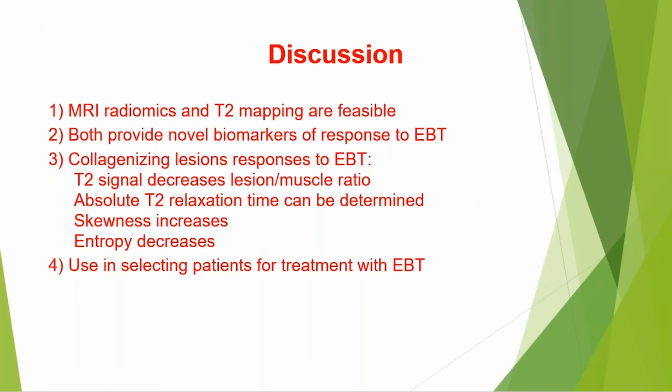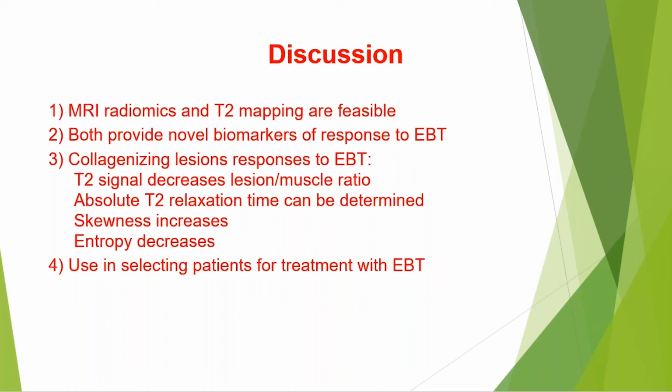So therefore, our MRI radiomics and T2 mapping, I think we've demonstrated, are feasible, and they provide novel biomarkers, both for response to electron beam, and you see there also for use in selection of patients for electron beam therapy.